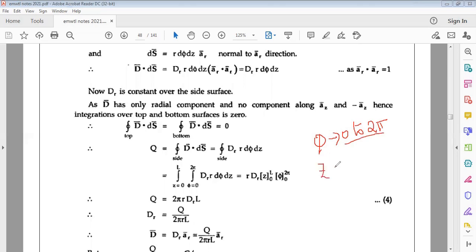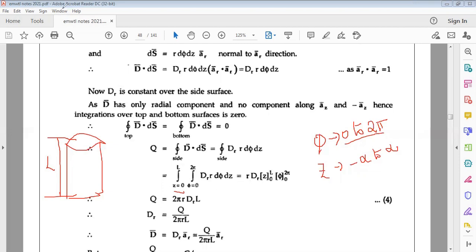But z we know is from minus infinity to infinity. However, the cylinder considered has height L, from the origin. So the length of the cylinder along the Z axis is L, and we are taking z from 0 to L. That is the length of the cylinder.